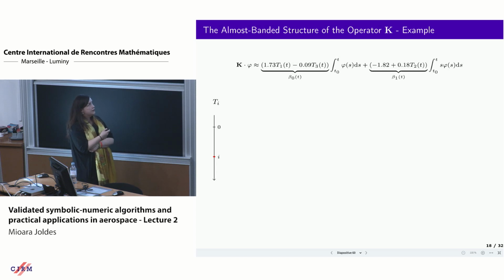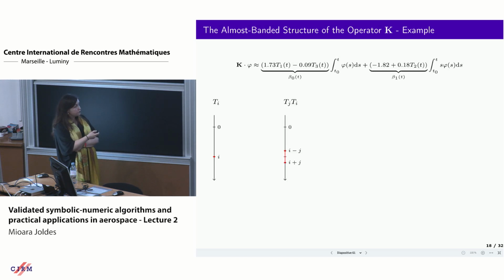We see that my ith Chebyshev polynomial will be sent on the... If you look at the operator as a matrix, then when you apply your operator on a basis, you see how the matrix will get filled up, and what indexes are filled in here.